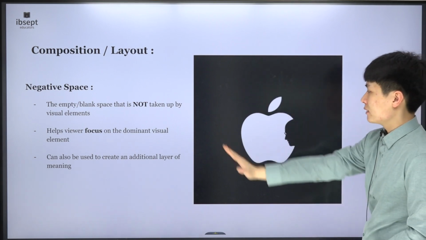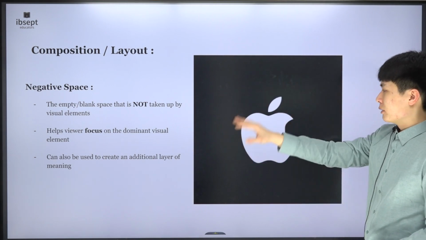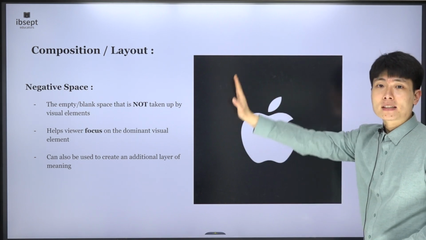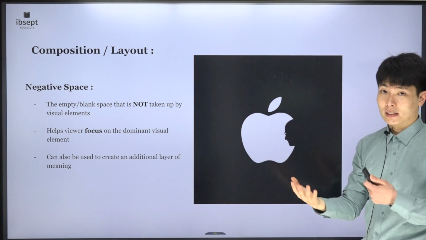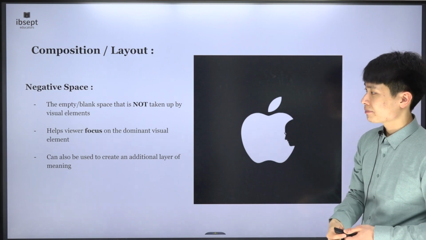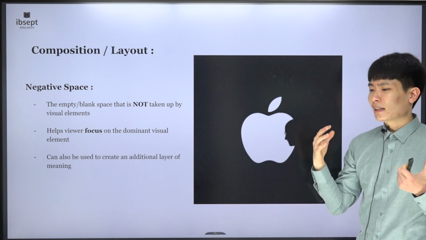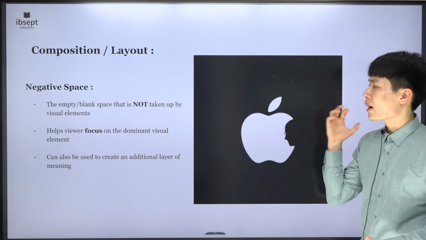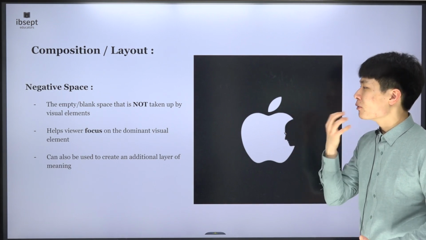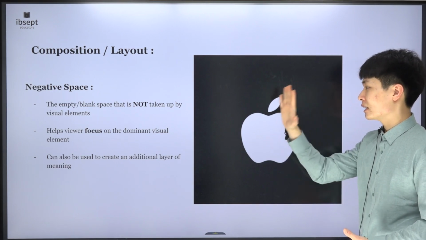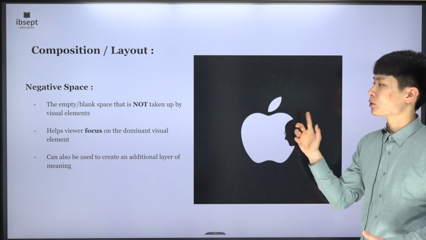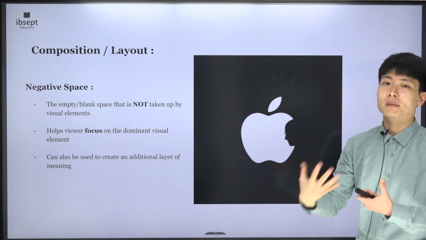And if you're talking about this image, well, we have the Apple logo, so everything that surrounds the Apple logo is, again, negative space. By using negative space, you're telling the viewers where they should be focusing. So it is making clear the dominant visual element within a given image.